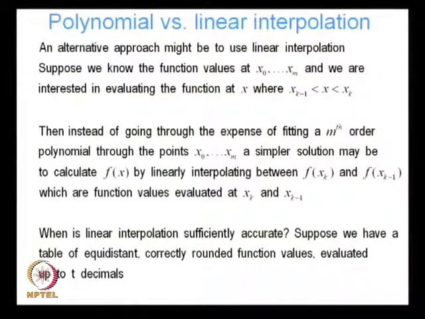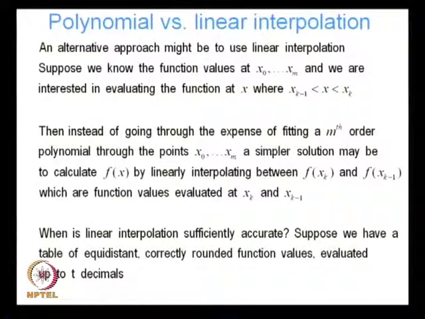An alternative approach might be to use linear interpolation. Suppose we know the function values at x0 through xm, and we are interested in evaluating the function at x, where we know that x lies between xk minus 1 and xk. Then, instead of going through the expense of fitting an mth order polynomial through the points x0 through xm, a simpler solution might be to calculate f of x by linearly interpolating between f of xk and f of xk minus 1.